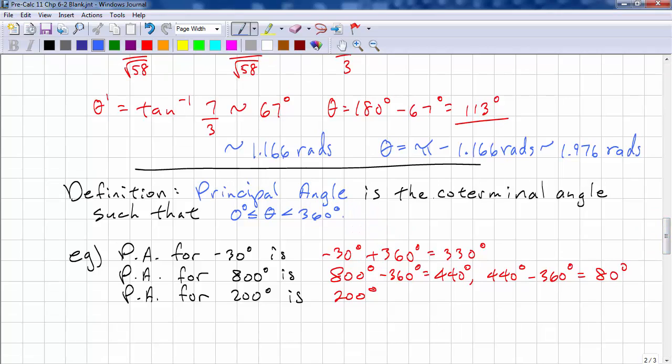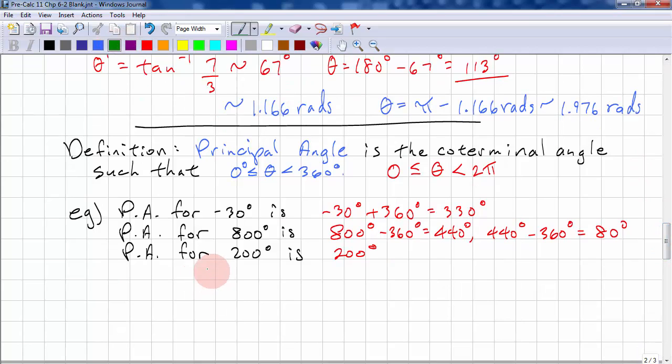So for the principal angle using radians, we have 0 is less than or equal to theta is less than 2 pi. So what does this look like? If we had minus pi over 4, minus pi over 4 plus 2 pi, and we get 7 pi over 4.